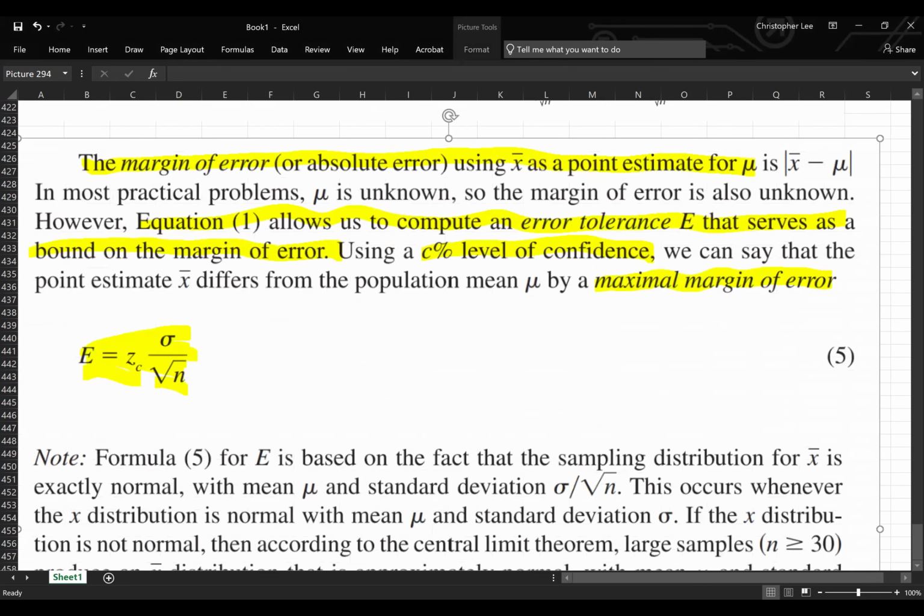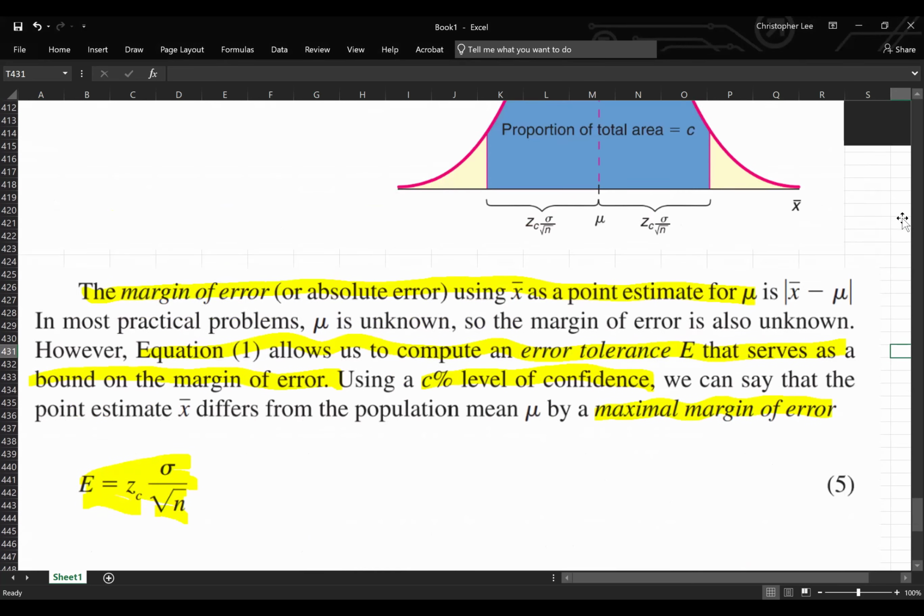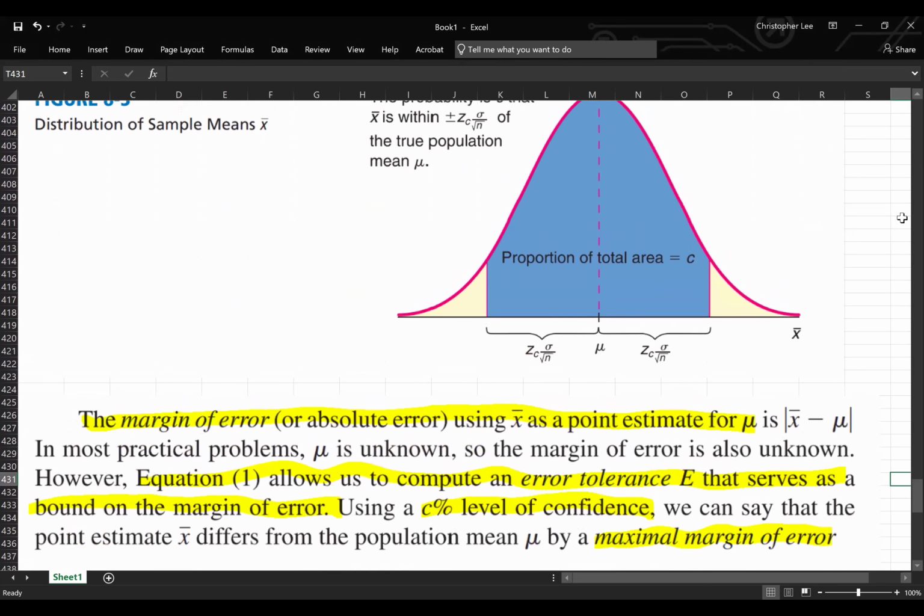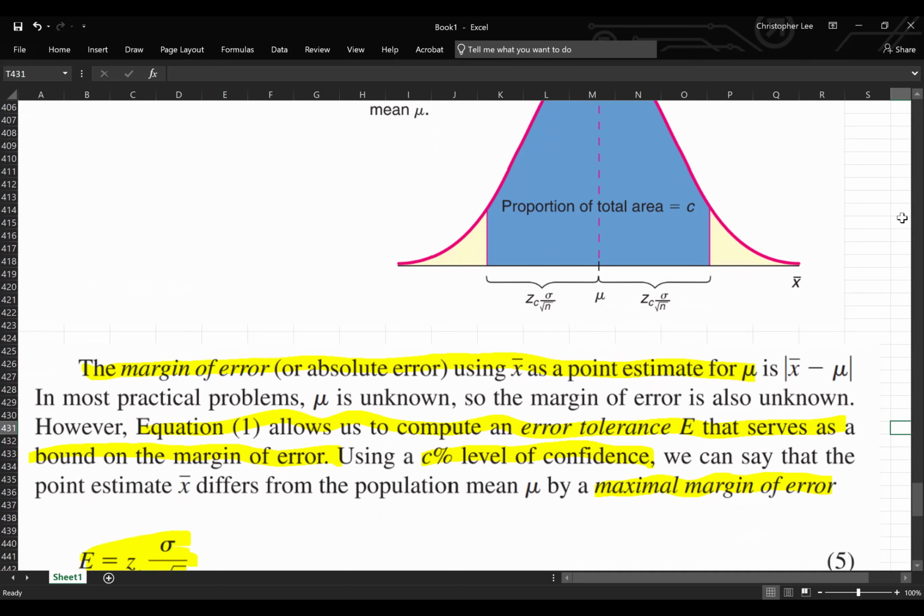So the margin of error, or the absolute error, that's another name for it, using the sample mean as a point estimate for the population mean, is the absolute value of the sample mean minus the population mean. In most practical problems, the population mean is unknown, so the margin of error is also unknown. However, equation one allows us to compute an error tolerance called E that serves as a bound on the margin of error using the critical value percentage or the level of confidence.